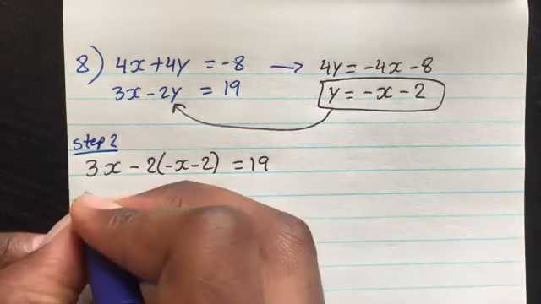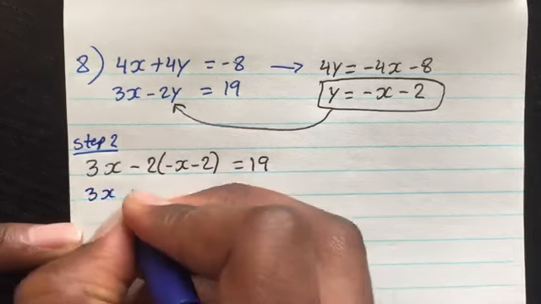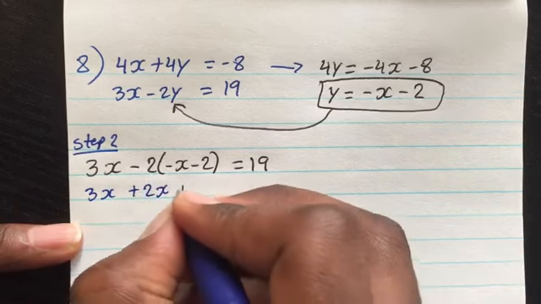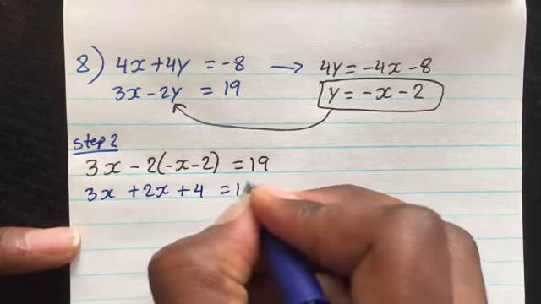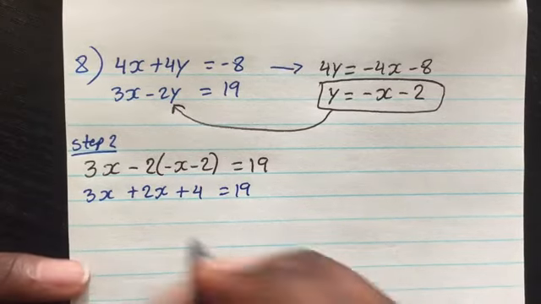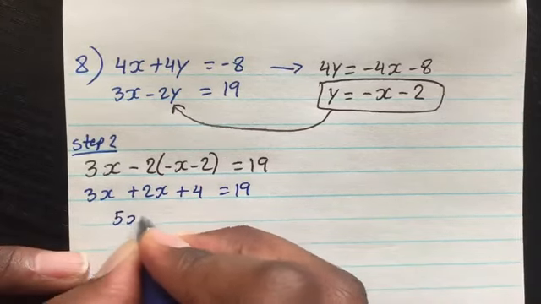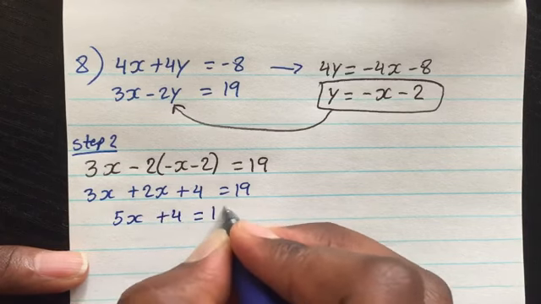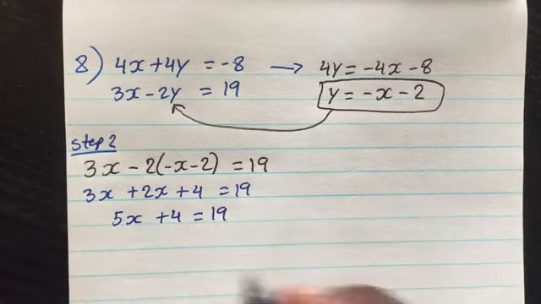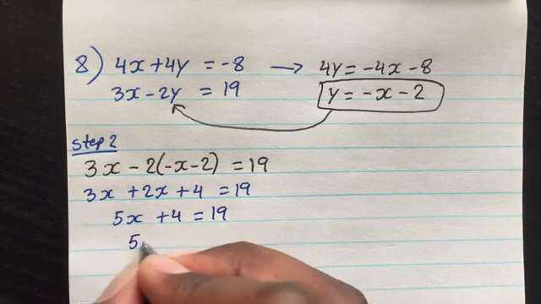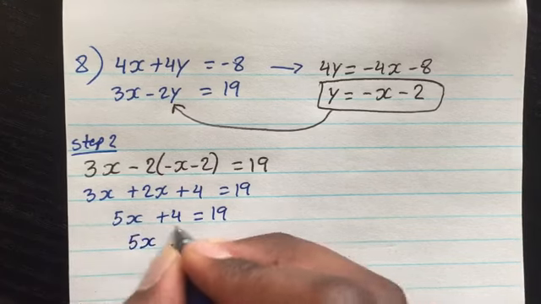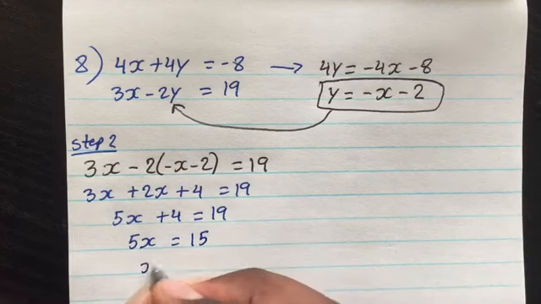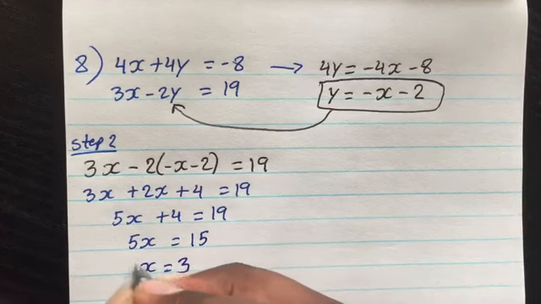And then distribute: 3x plus 2x, because negative and negative, plus 4 equals 19. That's 5x plus 4 equals 19. Subtract 4 from both sides to get 5x equals 19 minus 4, which is 15, meaning that x equals 3.